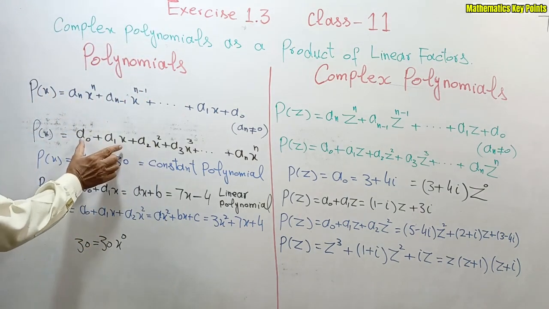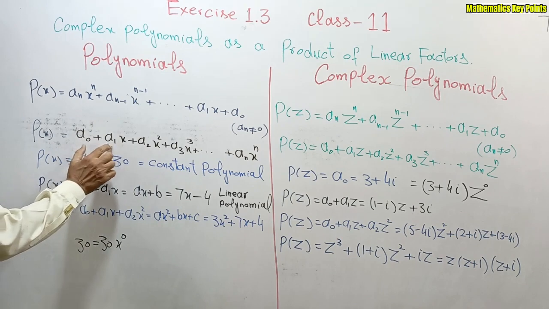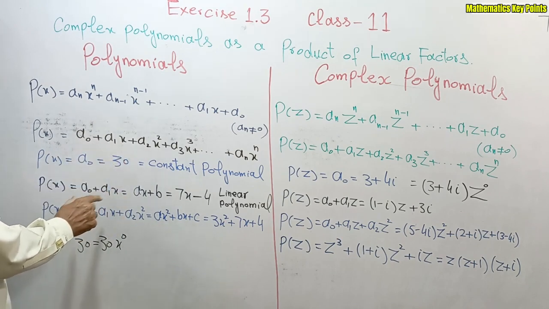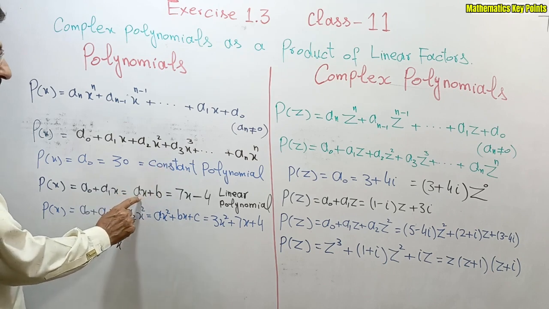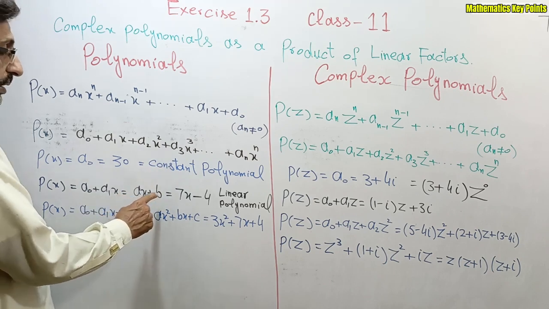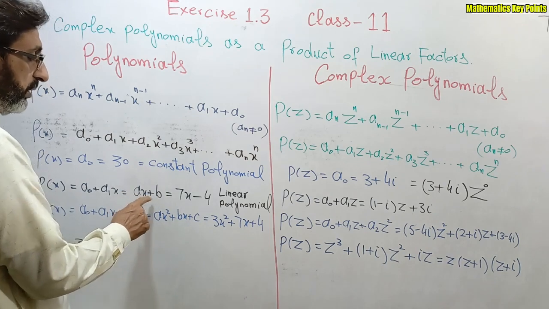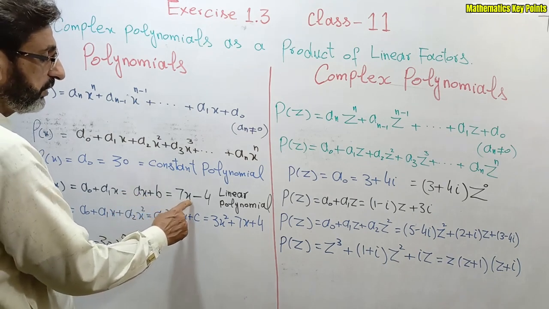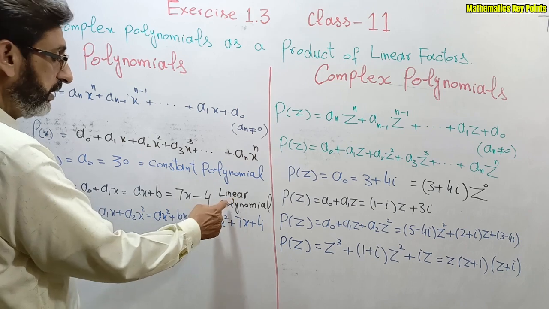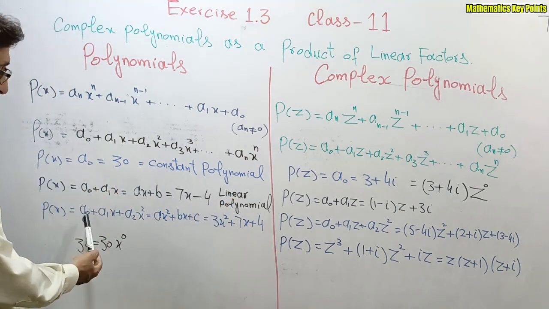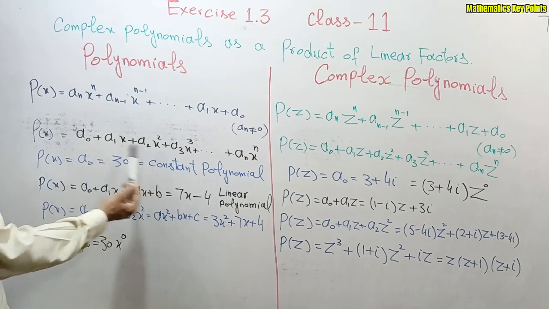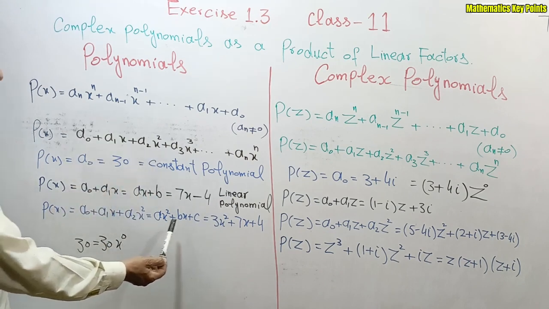Now if we write these two terms, a0 plus a1x, in general form in books it is written as ax plus b. If we assign some constants to a and b, we can write 7x minus 4. It is a linear polynomial, a polynomial of degree 1. And if we write the first three terms, it is a polynomial of degree 2.